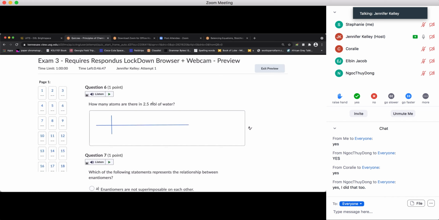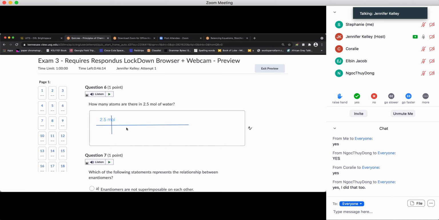Okay, so we're going to go from moles of water to atoms in water. Okay, moles to molecules first. That's what we'll do. Okay, so we've got 2.5 moles of water.